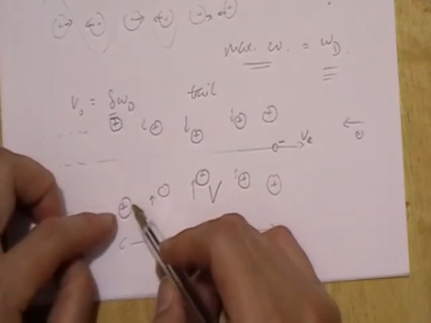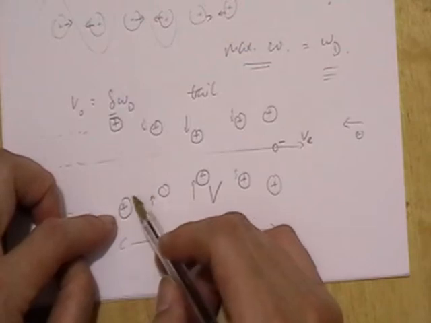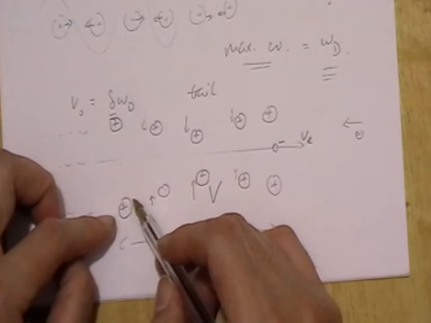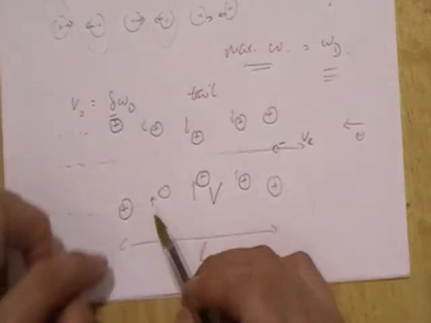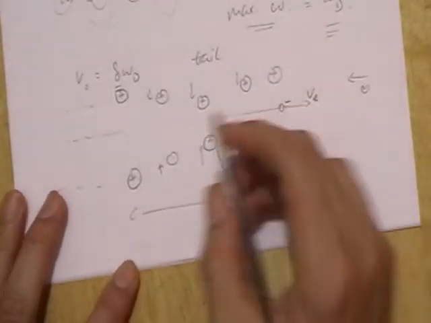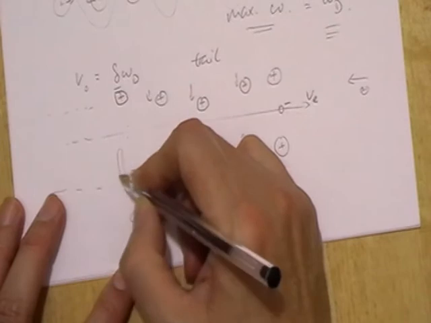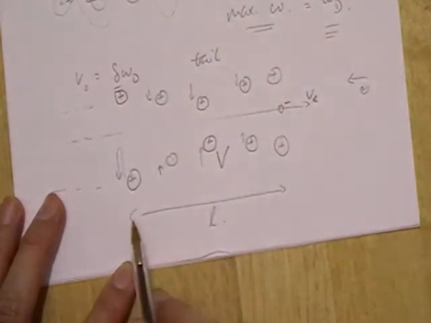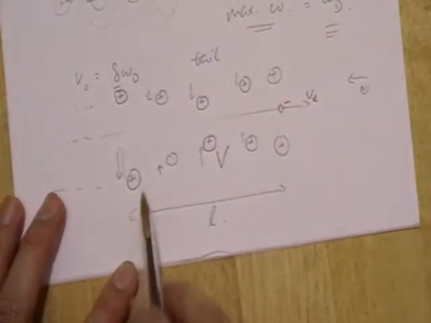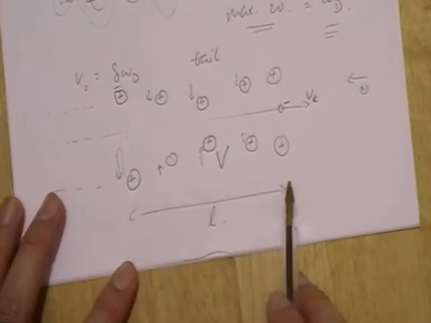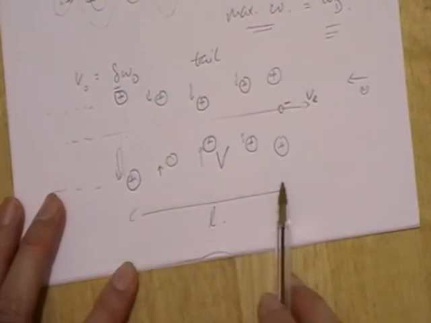And this time is actually the time for half a period of this oscillation. So the time for this to go up and come back down is the same as the time for the electron to move over the length of this trail.